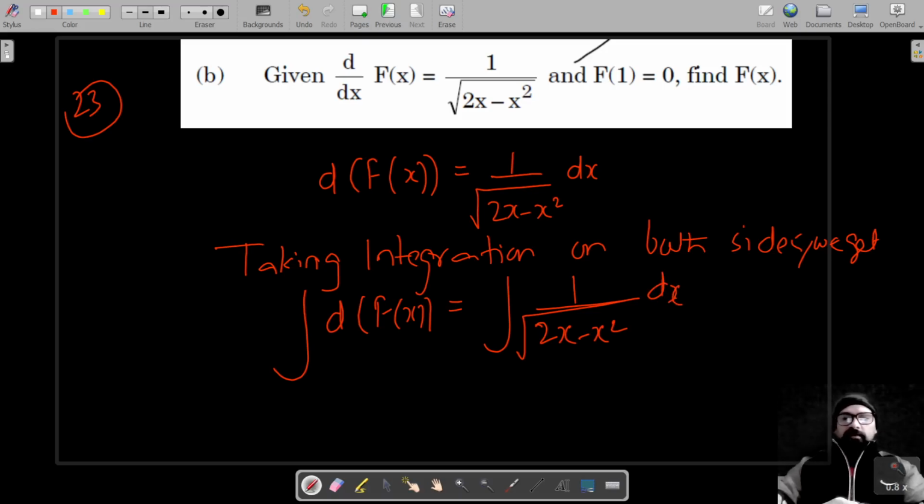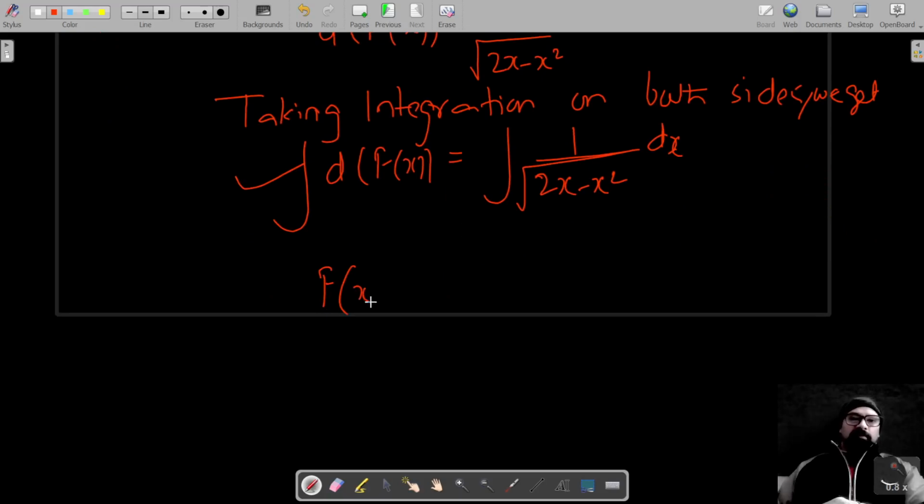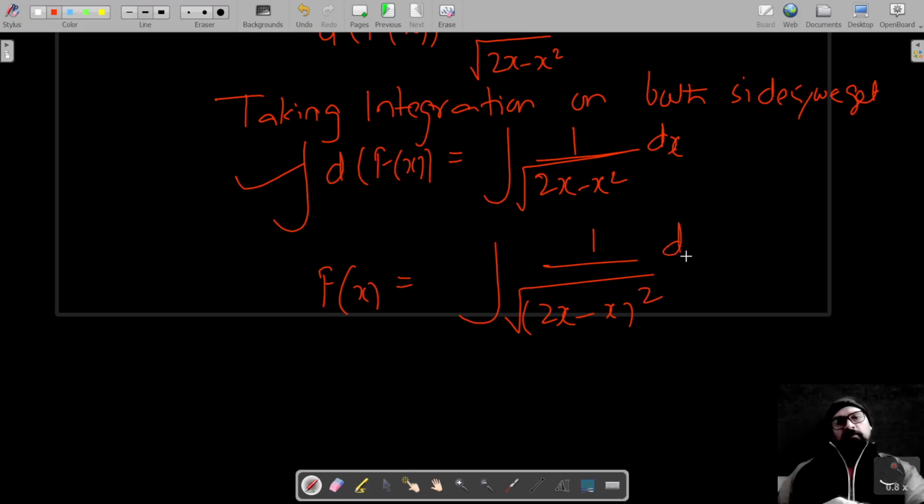Now the integration of d by dx of f of x is f of x. So this becomes f of x, and let's try to simplify this now.